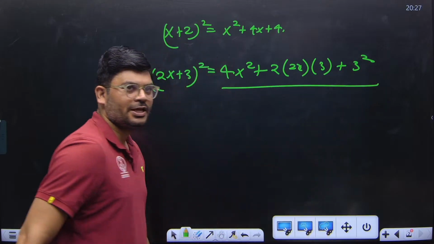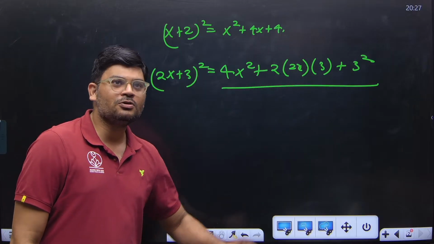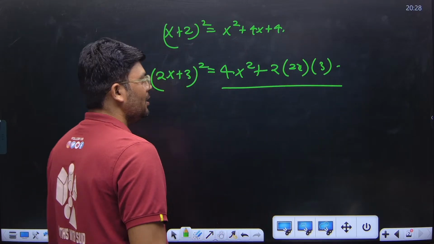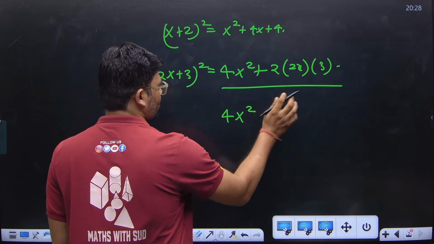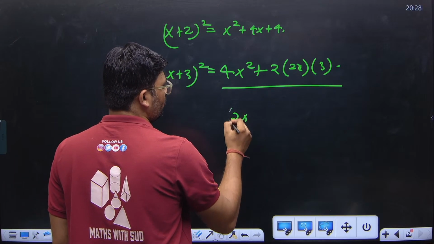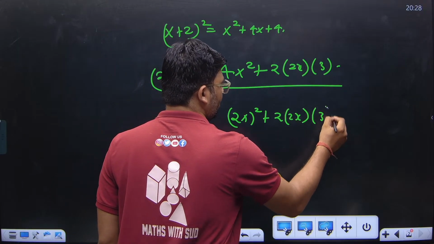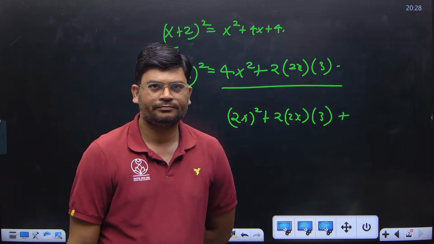This is what you want to say? a square plus 2ab plus b square. Suppose I erase this part and I ask you, I have 4x square. So instead of 4x square, I will write 2x whole square plus 2 into 2x into 3. What should I add more so that it becomes a whole square?